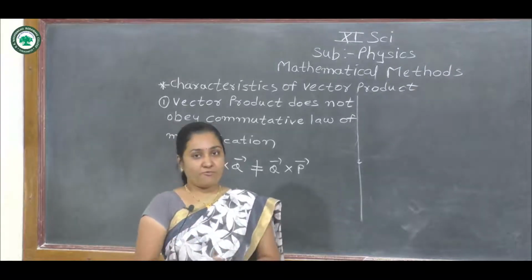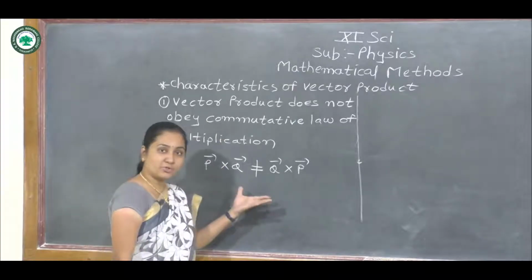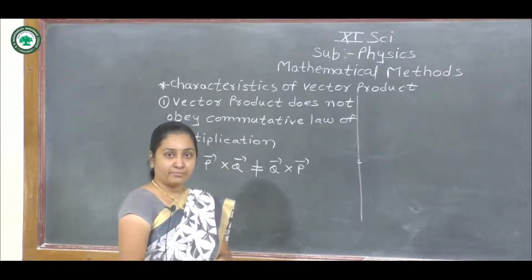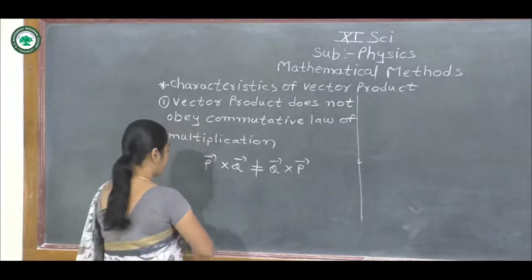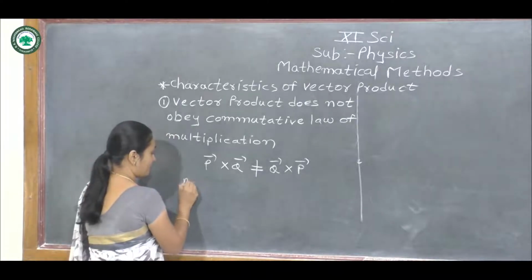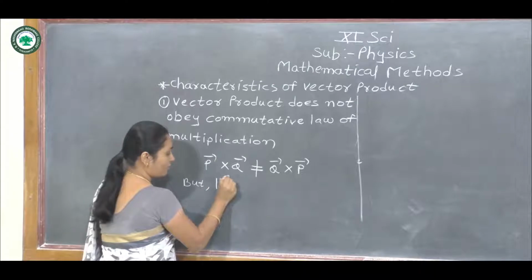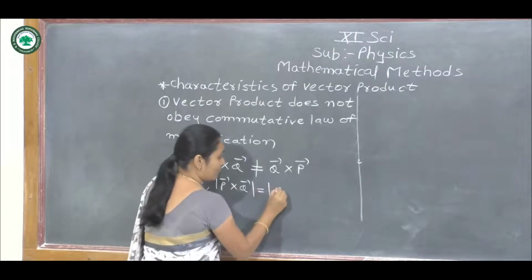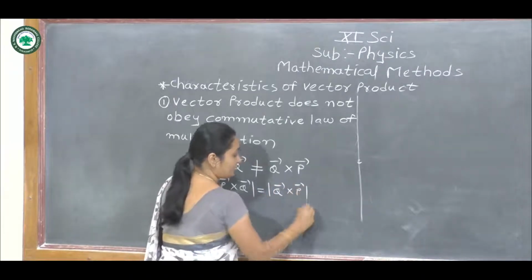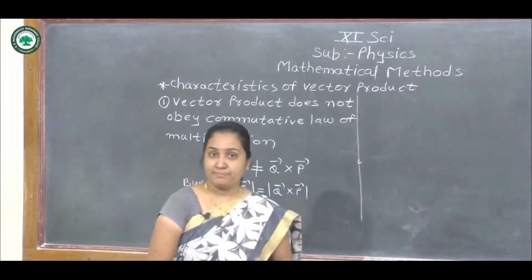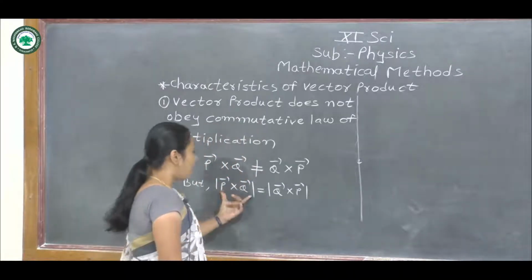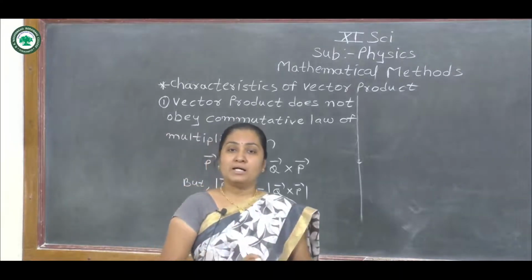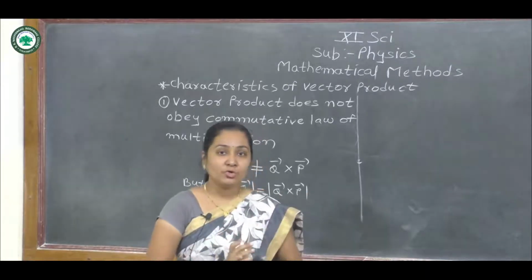But in case of vector product, P bar cross Q bar is not equal to Q bar cross P bar, but we can write here mod of P bar cross Q bar is equal to mod of Q bar cross P bar. That means the magnitudes are equal but the directions are opposite to each other.